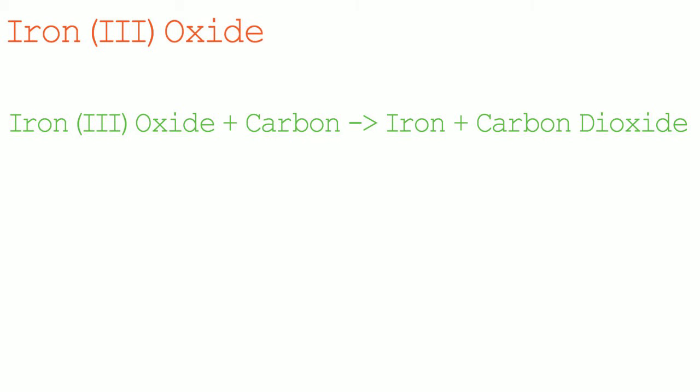The unbalanced symbol equation becomes Fe2O3 plus C becomes Fe plus CO2. Currently, this chemical formula is unbalanced, and we can see this because there are a different amount of oxygen atoms on each side of the reaction.